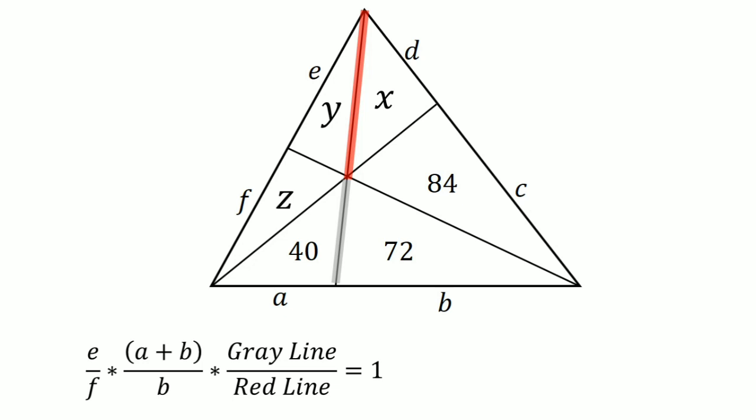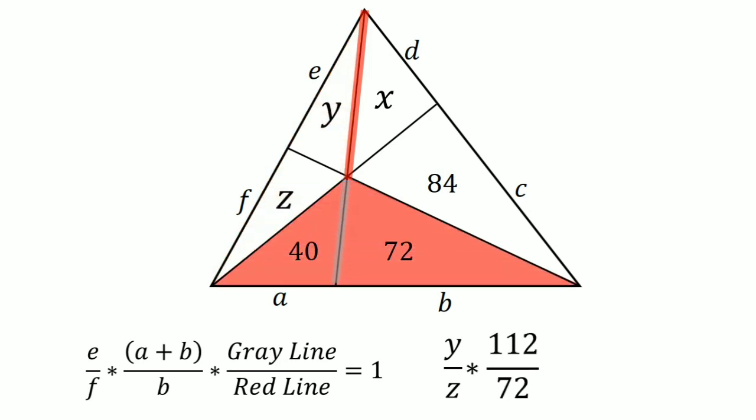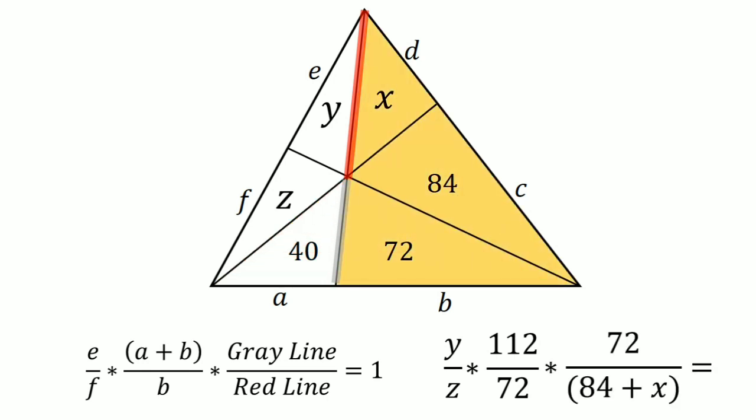Using this triangle we can say E divided by F is equal to Y divided by Z, and using this triangle we can say A plus B divided by B is equal to 112 divided by 72, and using this triangle we can say gray line divided by red line is equal to 72 divided by 84 plus X, which is equal to 1.